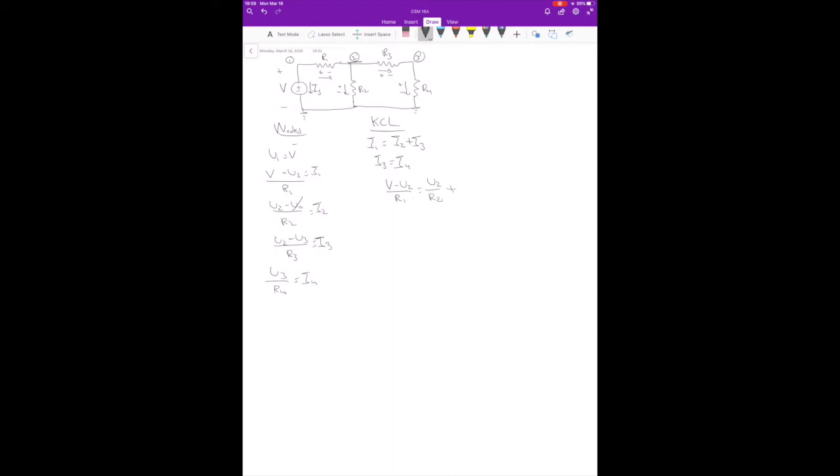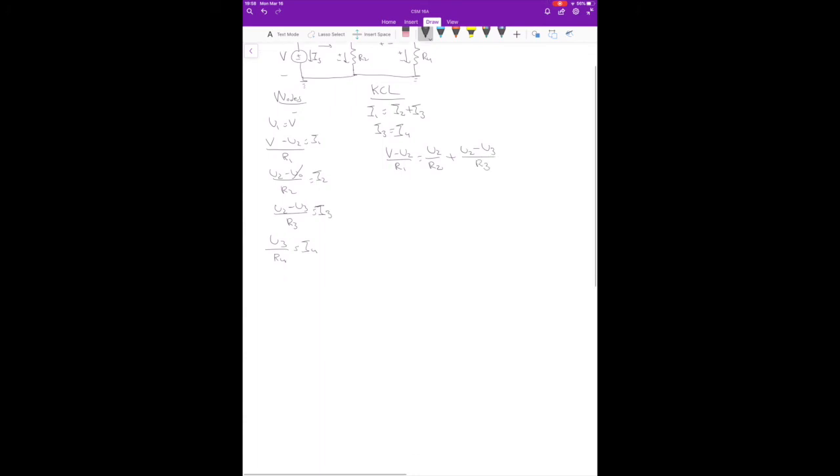plus I3, which is U2 minus U3 over R3. And our other equation, let's call this equation 1, is a little simpler. It's U2 minus U3 over R3, which is I3, and then that's equal to U3 over R4.